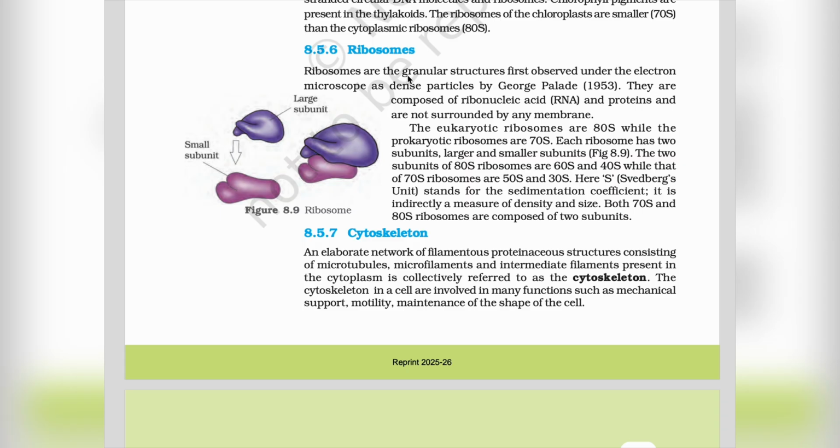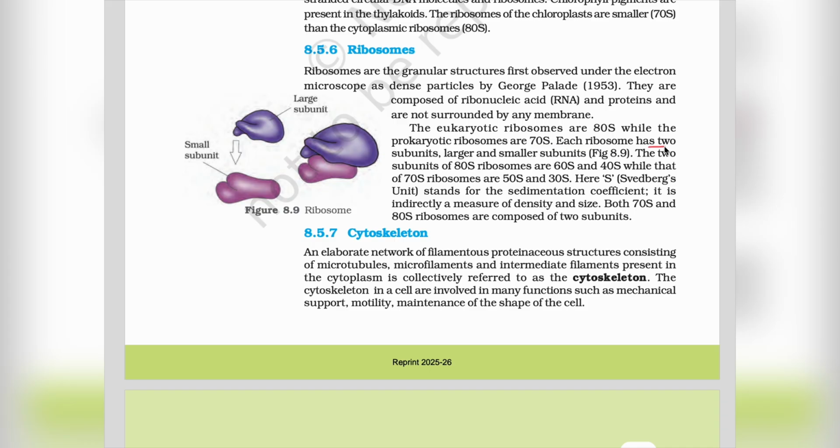Ribosomes. Ribosomes are granular structures first observed under the electron microscope as dense particles by George Palade in 1953. They are composed of ribonucleic acid, RNA, and proteins and are not surrounded by any membrane. The eukaryotic ribosomes are 80S while the prokaryotic ribosomes are 70S.